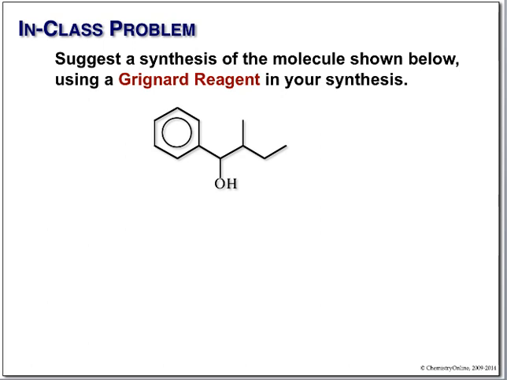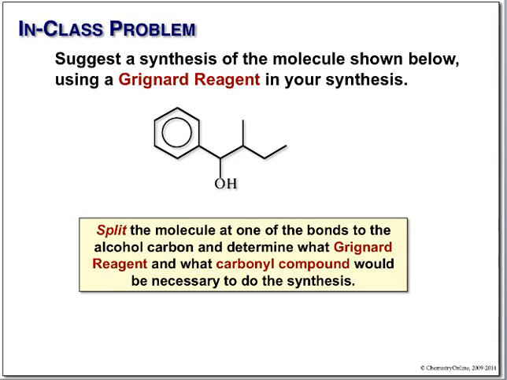When I did my Grignard reaction, I converted my carbonyl into an OH group. Therefore, on either side of our OH are the potential places that I made my bond. So let's just start somewhere. Let's take and split this along one of the bonds adjacent to the OH group.